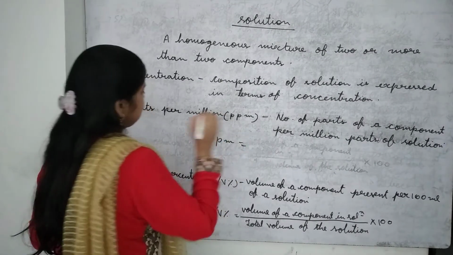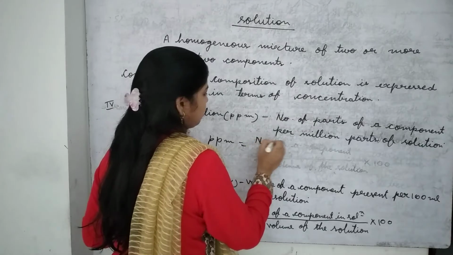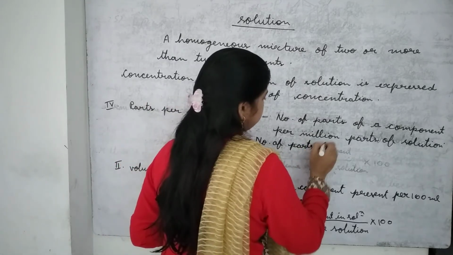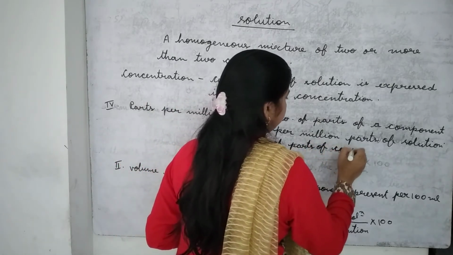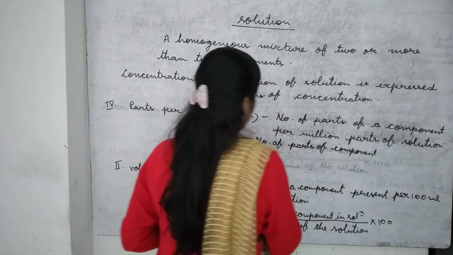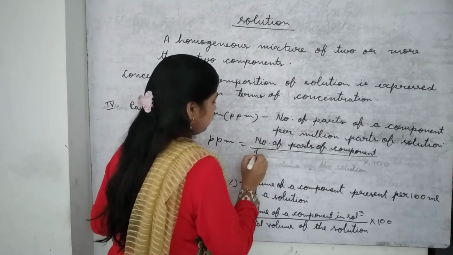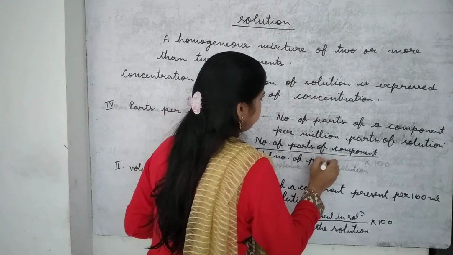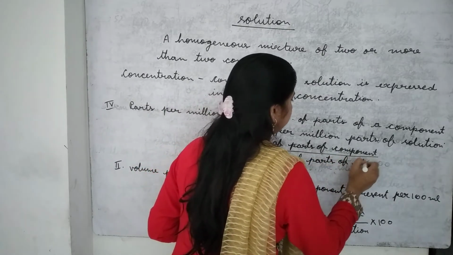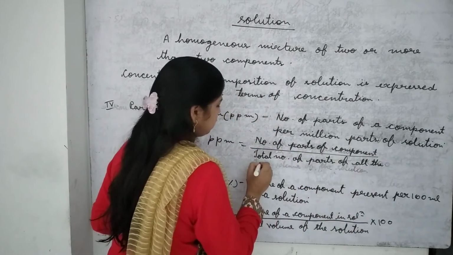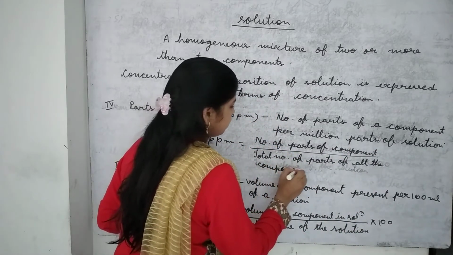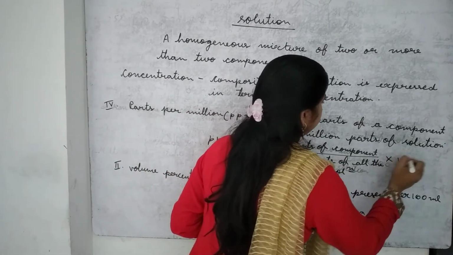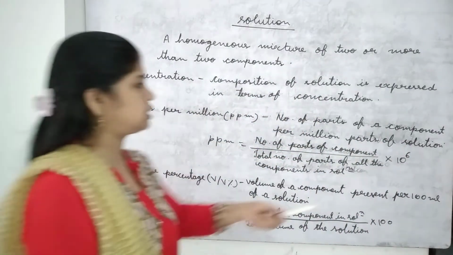ppm is equal to the number of parts of a component divided by the total number of parts of all the components in solution, into 10 to the power 6, that is, in millions.